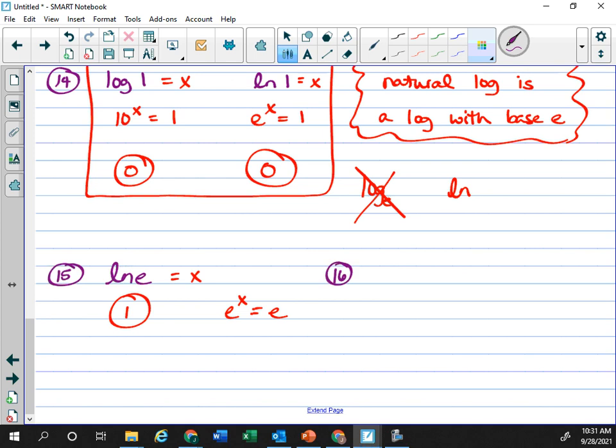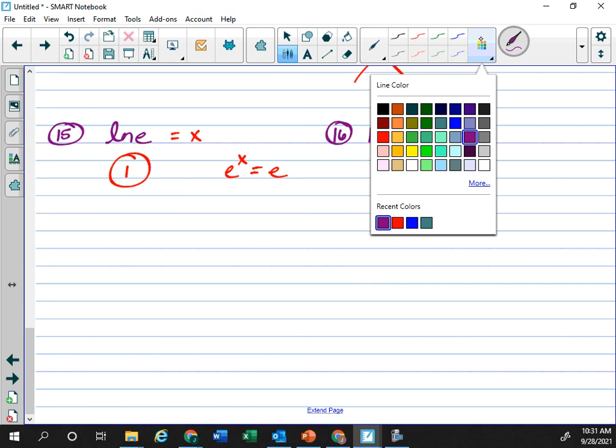And one more evaluating one here. Let's do log base m of m to the 5th. I know it looks weird.